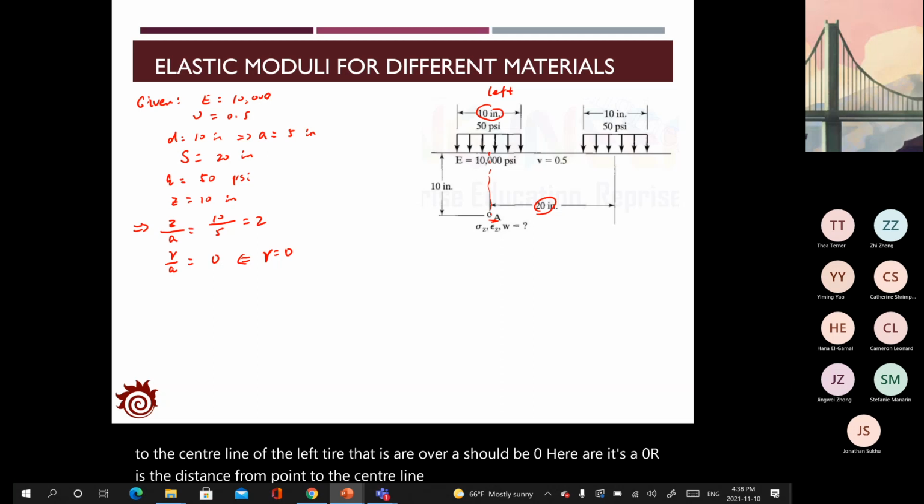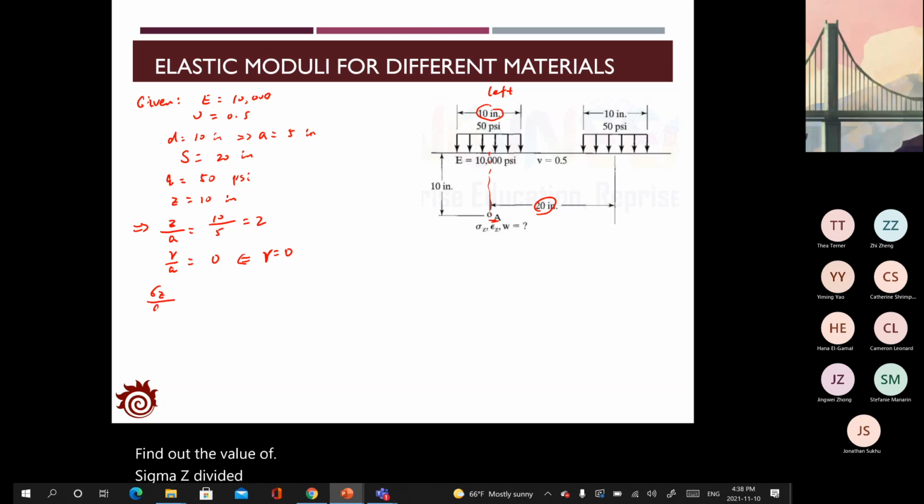And with this information, we can then find out the value of sigma z divided by q from the figures that we provided in the previous pages. So first of all, z over a is 2, and the ratio r over a is 0.